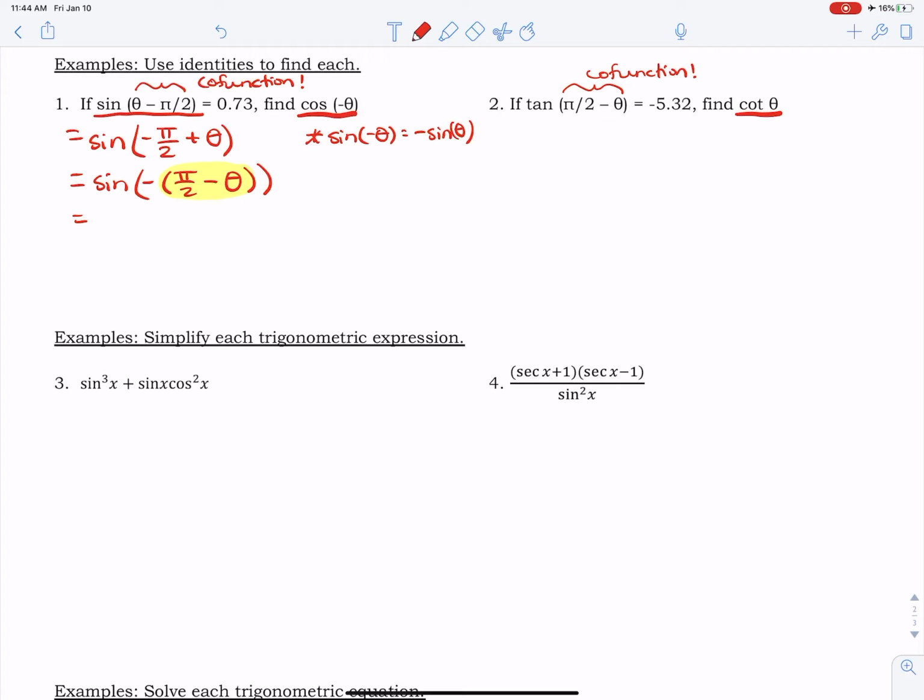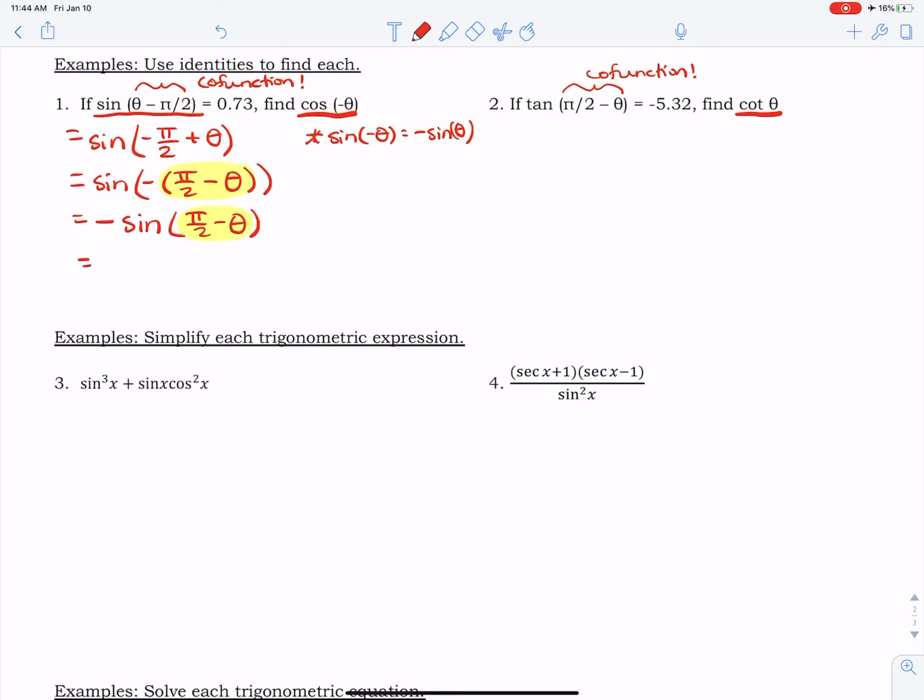So I can pull that negative out. Negative sine of pi over 2 minus theta. And again, this is considered our theta, that is in the spot where theta is, both of those together. All right.